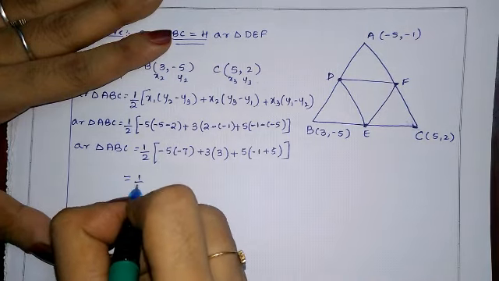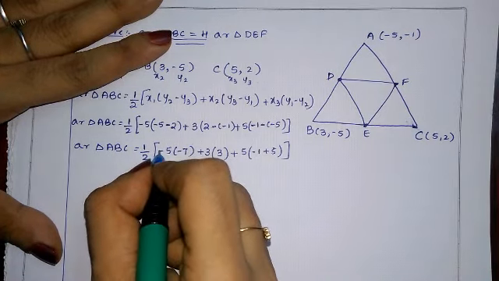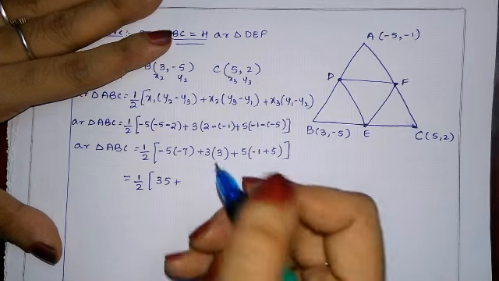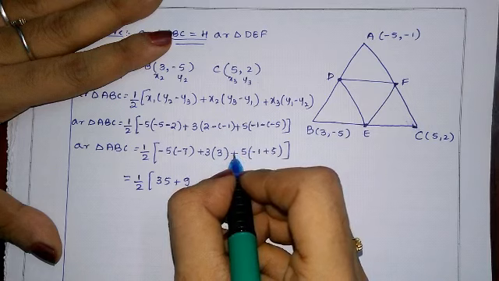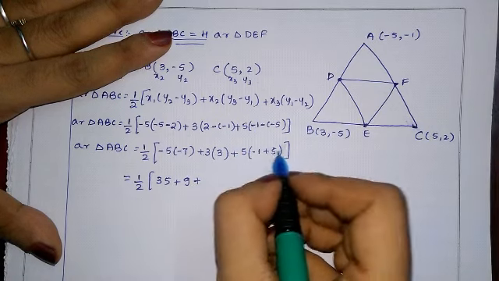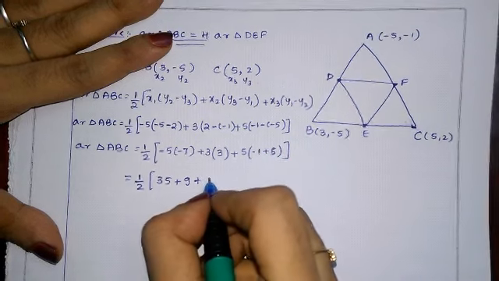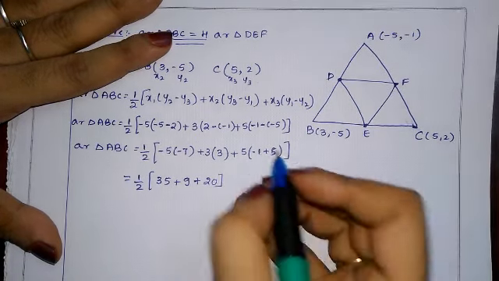Okay, now half of: minus times minus is plus, 7 fives are 35, plus 3 threes are 9, plus 5 times (-1 minus -5), which is 4, 4 fives are 20.